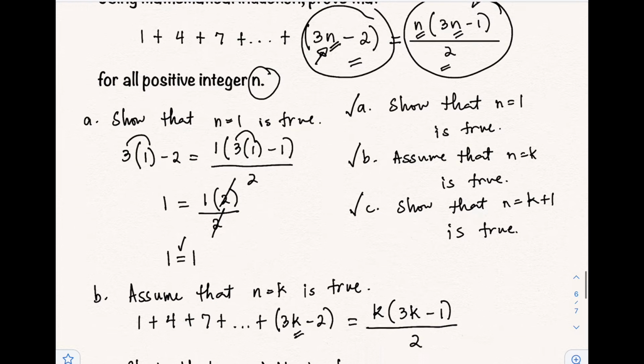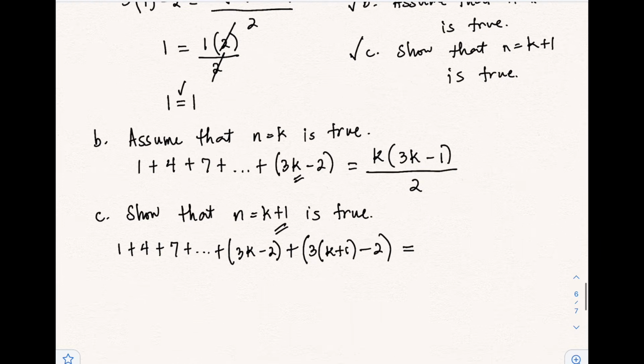Okay, so that is k plus 1 times 3n. So yung n natin is k plus 1 minus 1 all over 2. Okay, so ito na ngayon yung ating bagong statement when n is equals to k plus 1. Okay, so kailangan mapakita natin na ito ay equals para ma-prove natin yung ating statement.